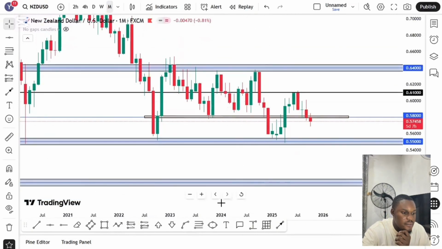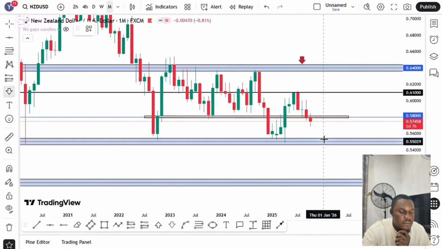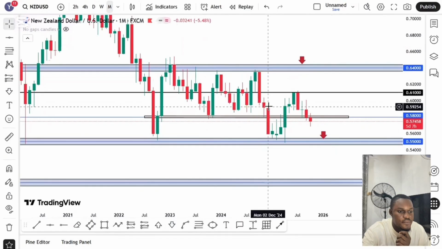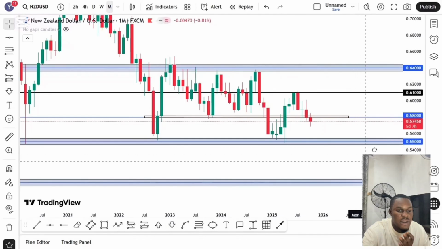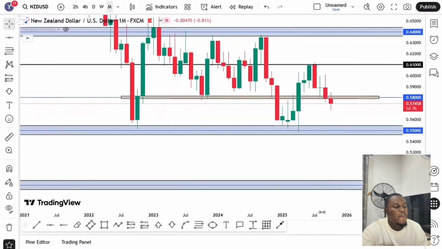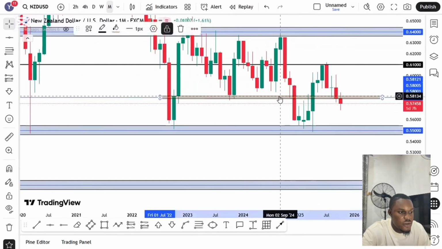I have one here, which is the first key level here, the middle level, and the lower key level. And in between my major levels, I have a minor level that helps me to know where the market is going. So this is the minor level I have around this region. This is the minor level I have here.